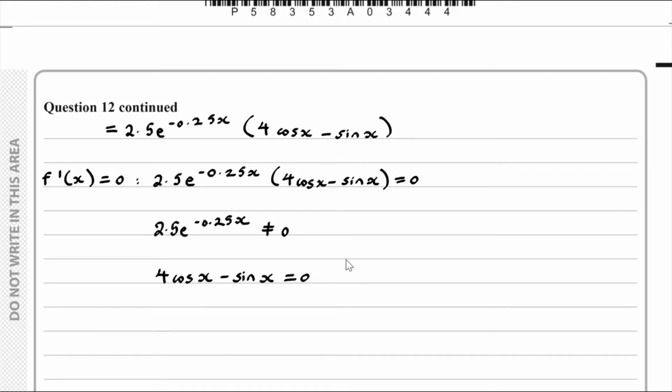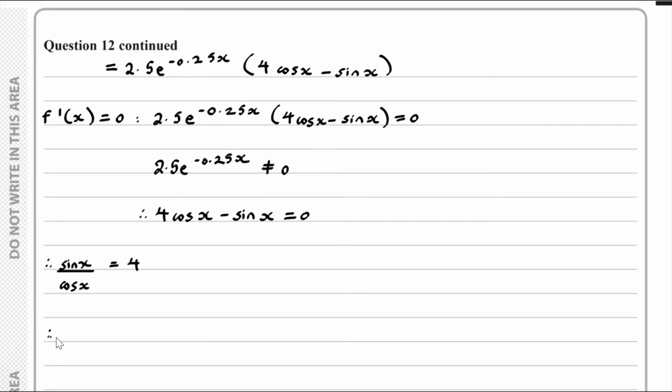So if we solve this equation, we can hopefully see that we have sine x over cos x equals 4, and therefore, we'll write on a different line, tan x is equal to 4. Okay.